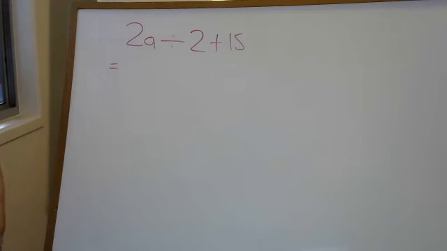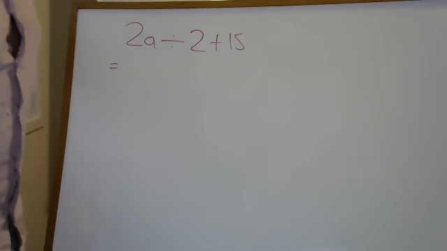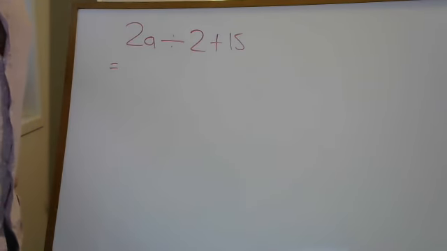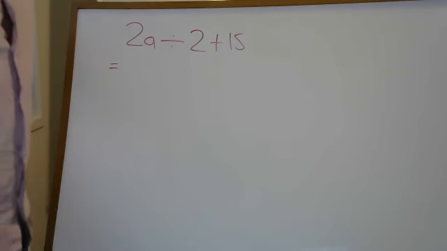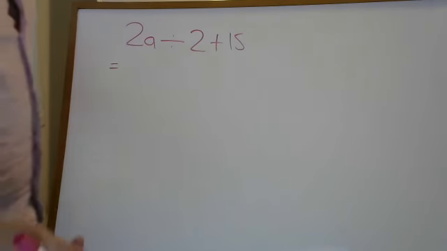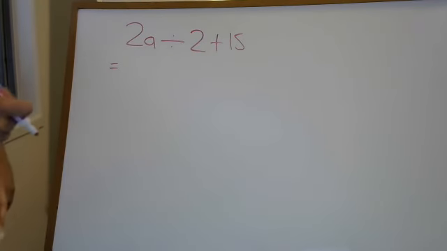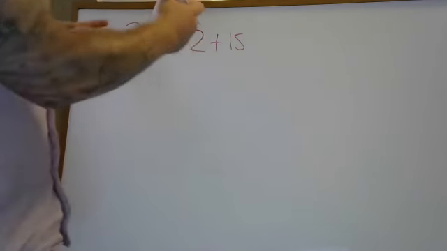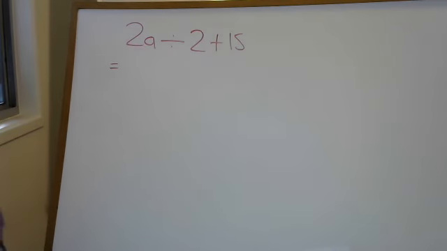So we have 1 minute to get through that. 2a divided by 17, because they're not like terms. Here's a question.